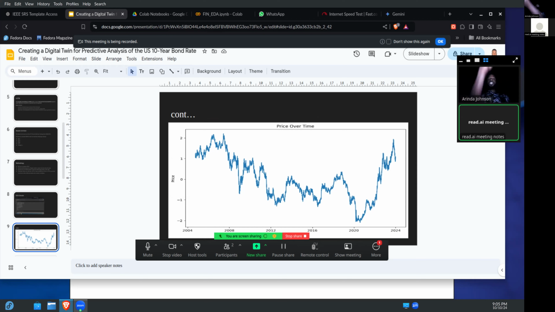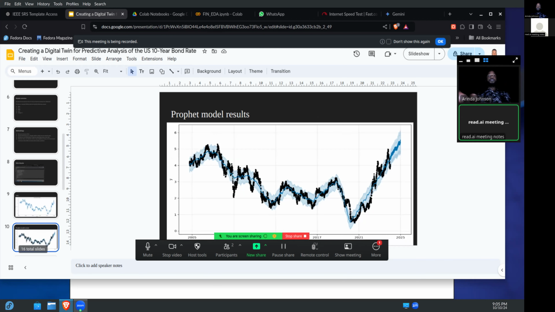You can see that it fluctuates up and down. We ran a Prophet model that helped us make some forecasts. You can see we made a 365-day forecast, and it shows that the bond rate will be rising.